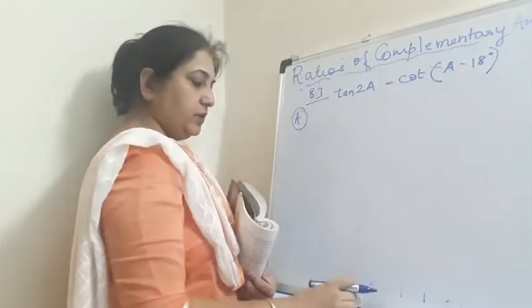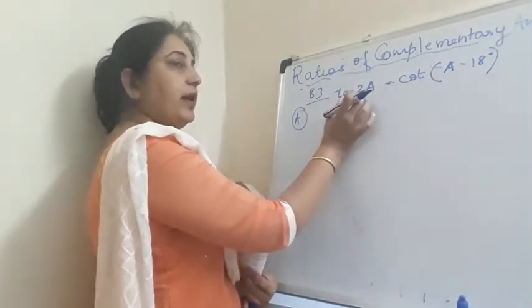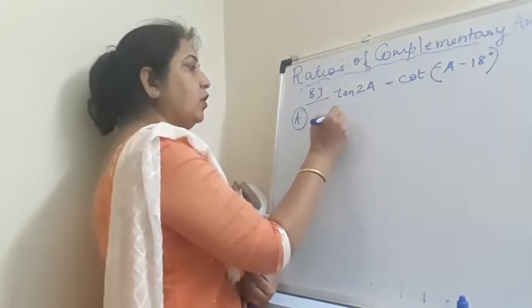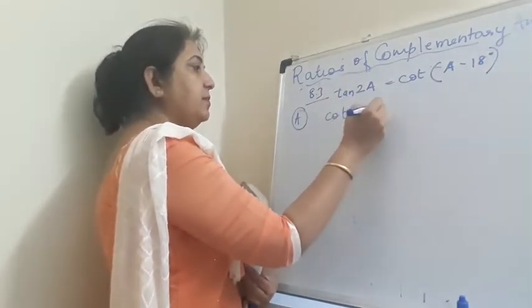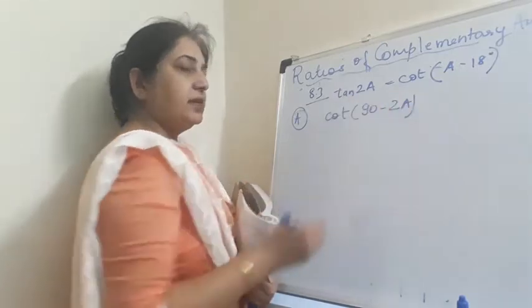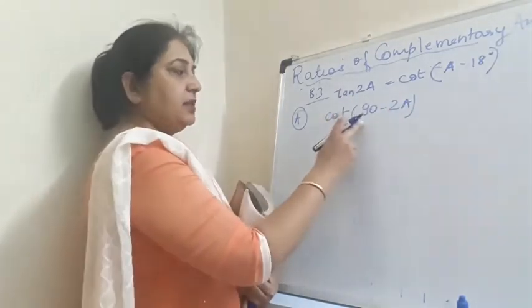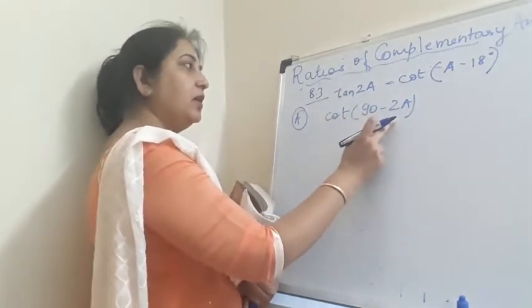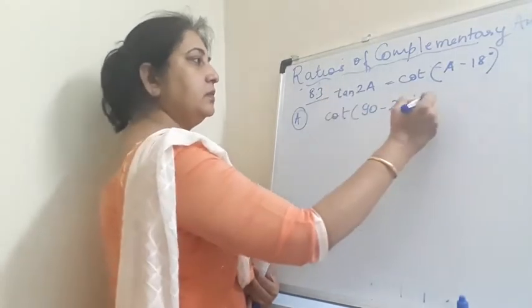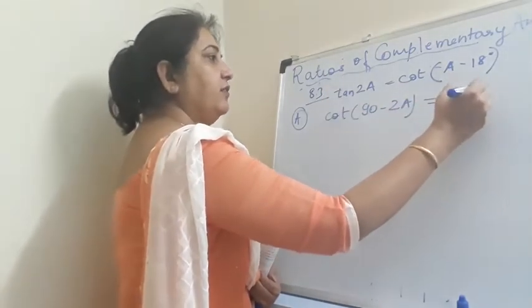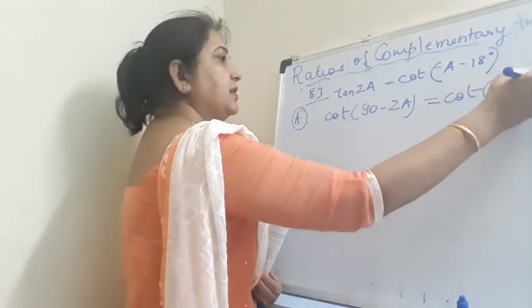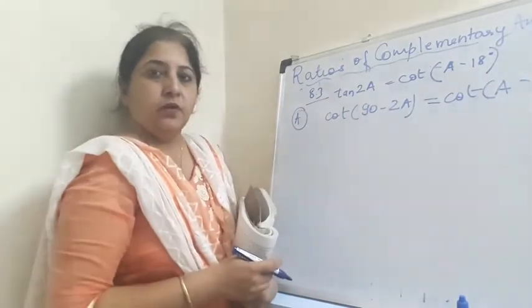So what we can do is we can write tan 2a as cot of 90 minus 2a, right? When I write cot 90 minus 2a, it will be equal to tan of 2a. And on the right side we have cot of a minus 18, right?